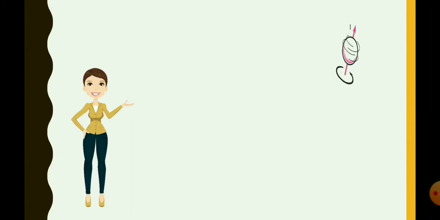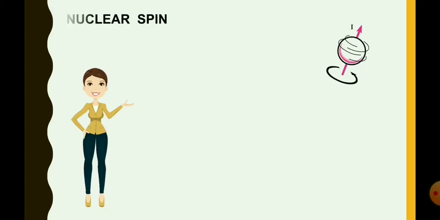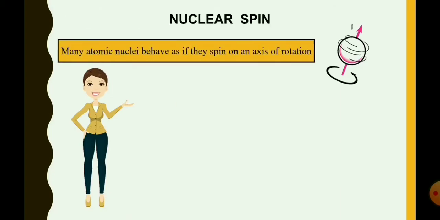Well, to understand nuclear magnetic resonance spectroscopy, we have to look into the properties of the nucleus which can impact its magnetic behavior. One such property is nuclear spin. Many atomic nuclei behave as if they spin on an axis of rotation, just like Earth rotates upon its axis, which brings about day and night.